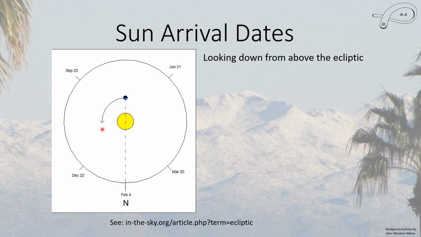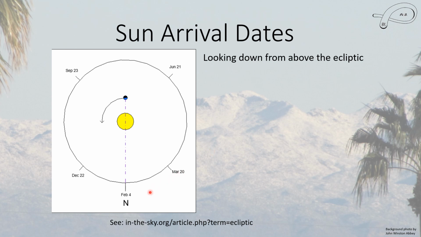That means our thumb on our right hand is pointing up. So we are above this plane. This plane here is called the ecliptic. This is the plane on which the sun and the earth rotate. That is, the earth rotates in that plane with respect to the sun. And we are looking down from above at that.